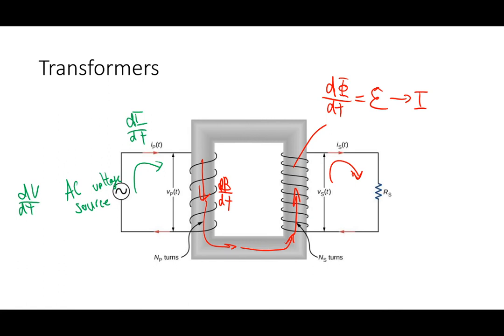Now, the amount of voltage you can get on this end. Oh, by the way, let's give these some names. You see P and S, we call these primary and secondary.